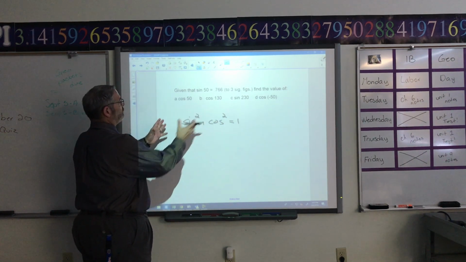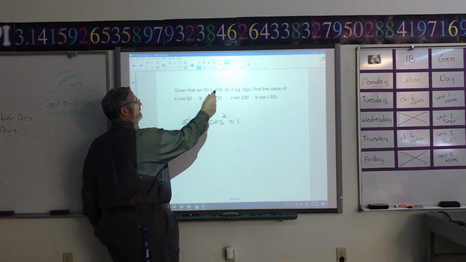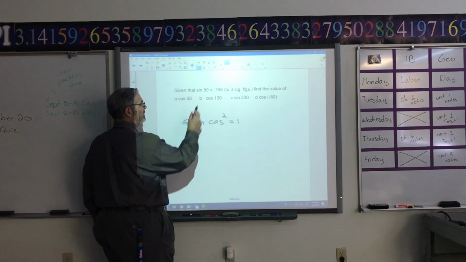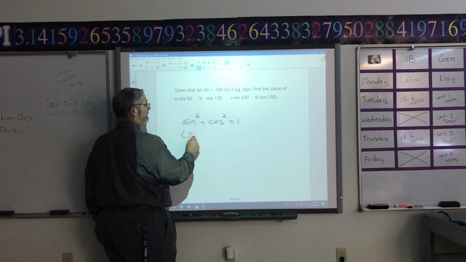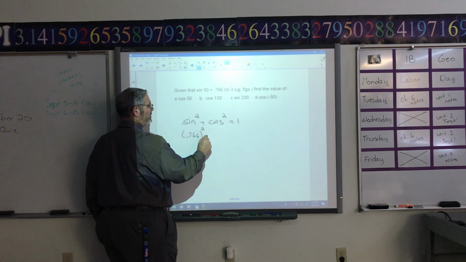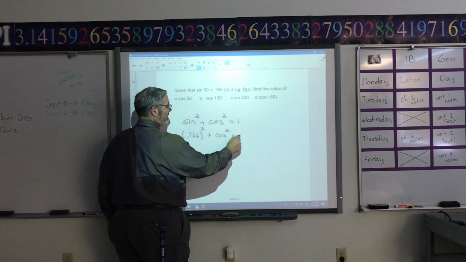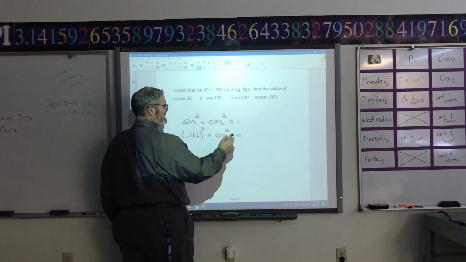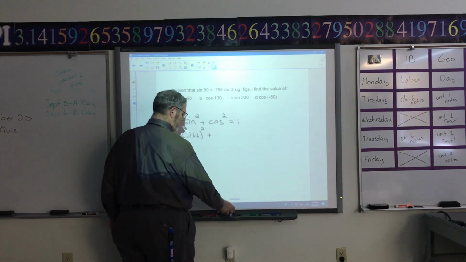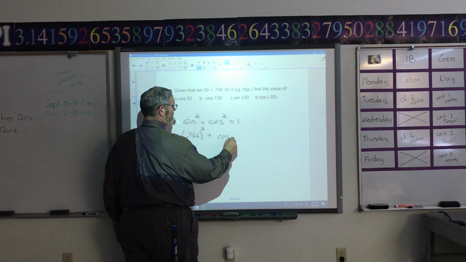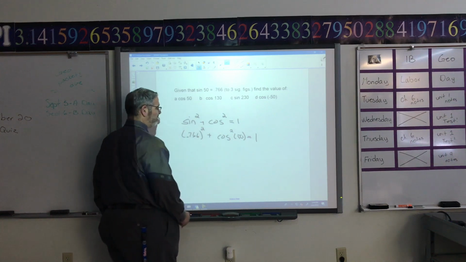So if I'm going to use this to figure out what the cosine is of 50, well, I know that sine of 50 is 0.766, so 0.766 squared plus the cosine squared of 50 is equal to 1.